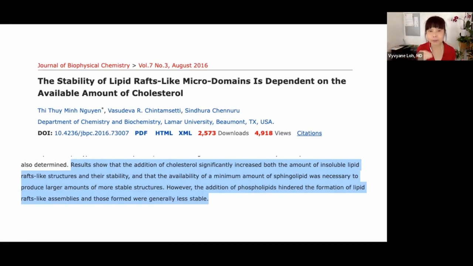So again, these lipid rafts are chock full of sphingolipids that associate very well with cholesterol. And then we have a lot of cholesterol in there as well. And they provide a rigid structure to hold a lot of these receptors and big proteins.